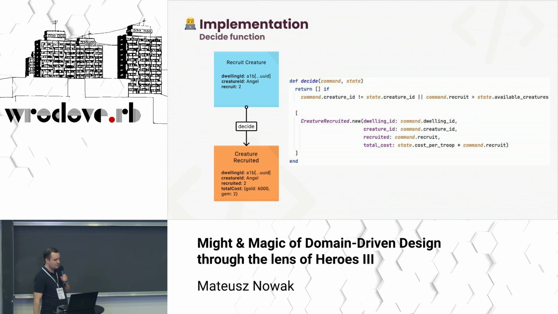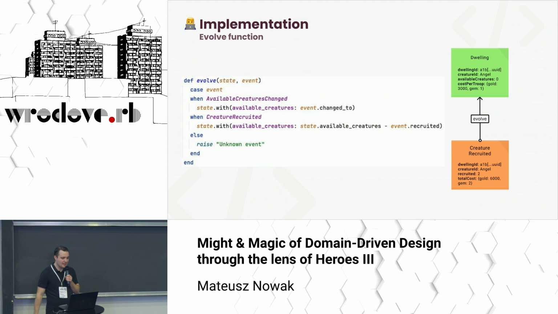And the second parameter, the state, where does it come from? So the answer is here. We calculate the state using the evolve function. So in this case, as you've seen, the events influence the green stickies, the state stickies, which may also be used for the state or for the views of your read models.